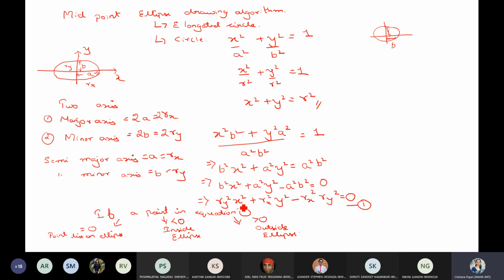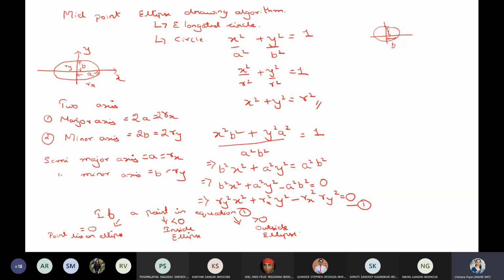So this will give us the ellipse equation, and based on the equation you are going to decide, if you are inserting the coordinates of a point in the equation, the location of the point. Does the point lie on the ellipse, or is the point inside your ellipse, or is it outside your ellipse? That decision can be made given this equation and your x and y coordinate.